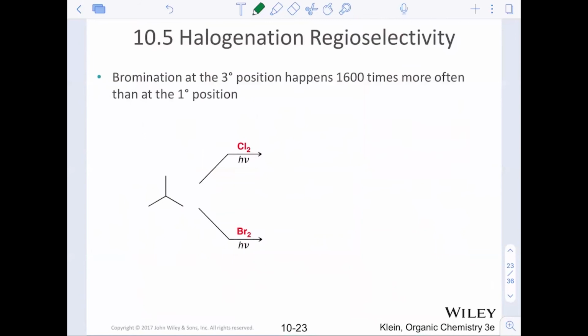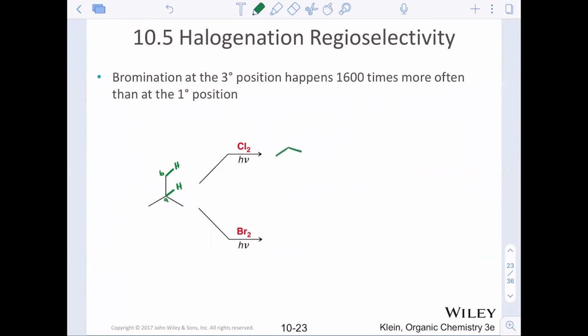Let's look at that a little bit more in depth. We have two different positions here. We have a tertiary position, and all of these methyls at the end are going to be our primary positions. Notice how all of these are the same, right? We'll call this A versus B. I'm going to erase the other B's because I think that they are understood, that they are the exact same CH3 groups.